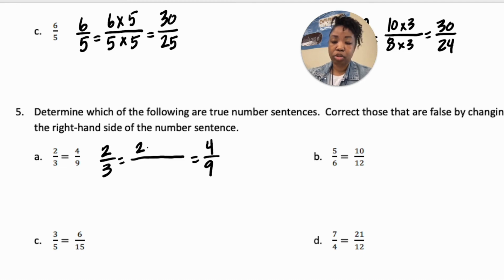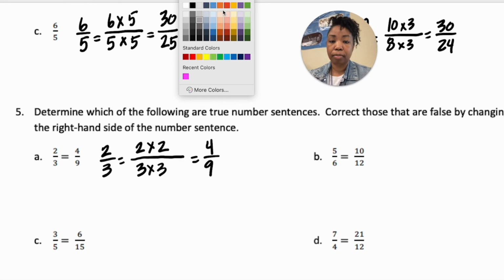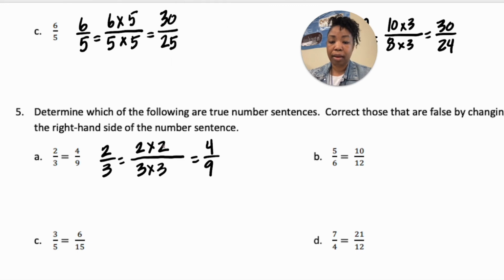If I do 2 times 2, I get 4. 3 times 3 gives me 9. So this could not be true because I am multiplying by 2 different numbers. So I'm going to make this a true statement.